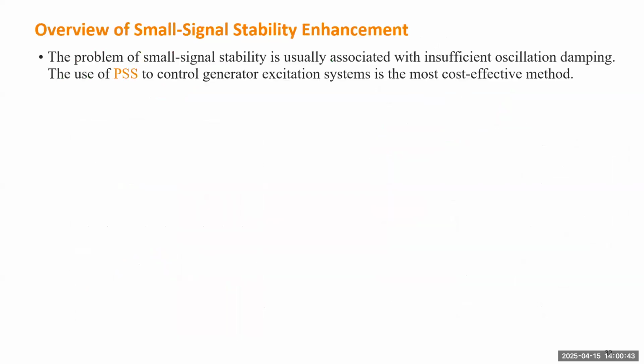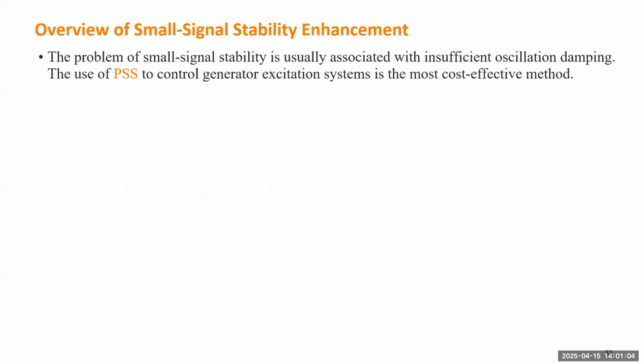Okay, so next we talk about what can we do with oscillations. We already covered how to utilize PSS to improve damping, but the idea here is to first compensate the phase lag of an excitation system, and then you introduce additional gain. That will give you additional damping.